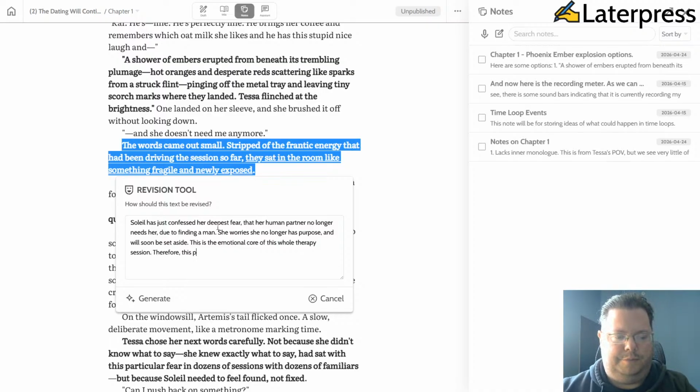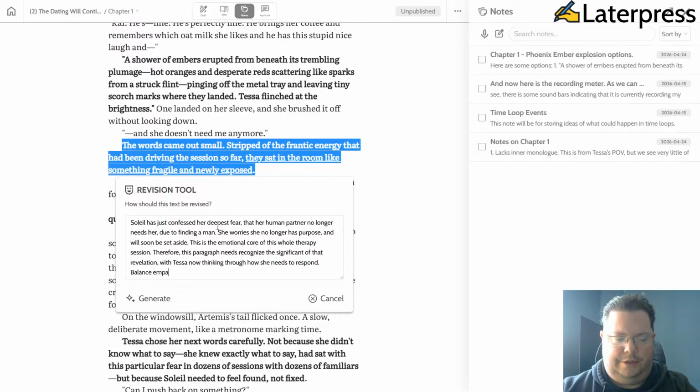Therefore, this paragraph needs to recognize the significance of that revelation, with Tessa now thinking through how she needs to respond.